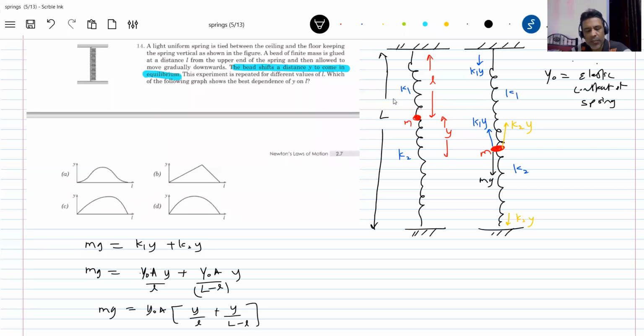So let's solve the expression for y in terms of small l. That's what he's asking, which particular graph here.